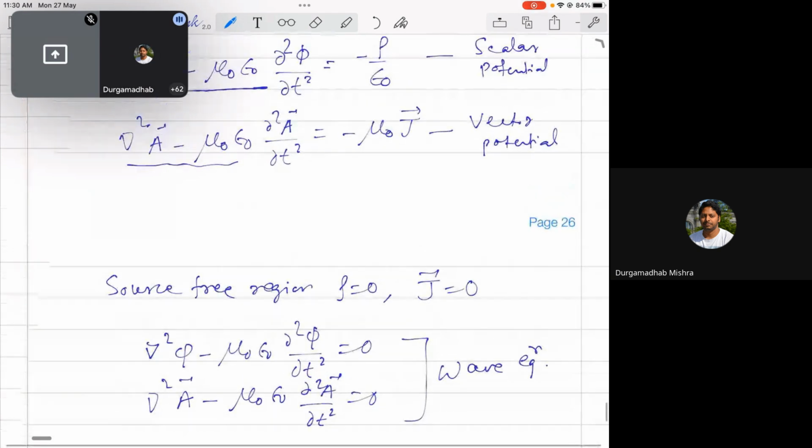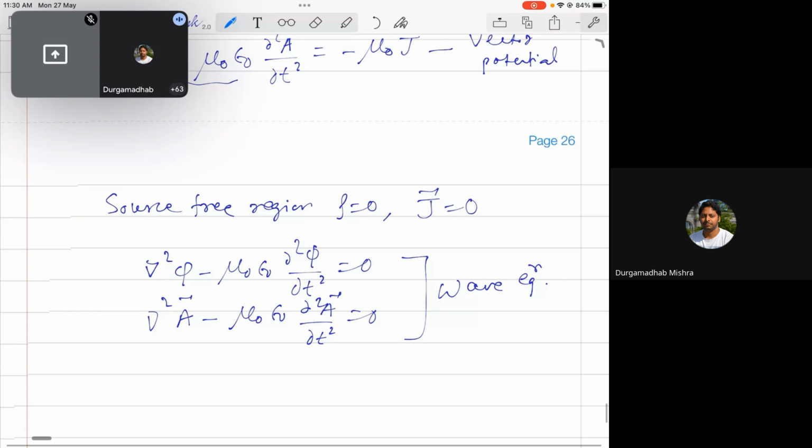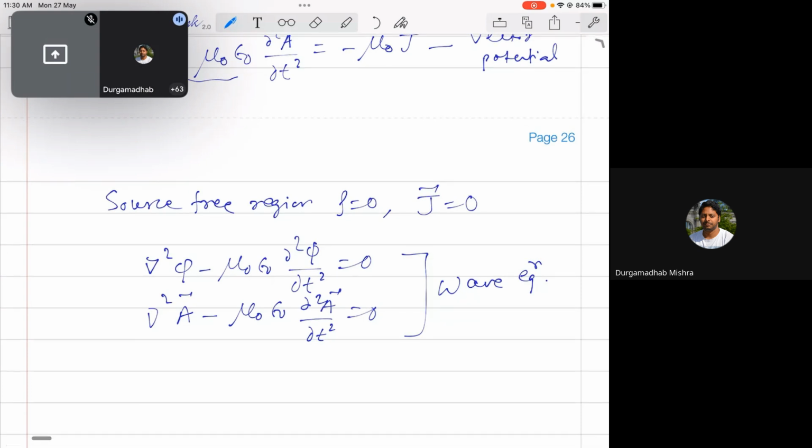What we see from these wave equations is that these electromagnetic waves can just propagate without any help from any source. They can propagate within a vacuum. They can carry energy, they can carry momentum, they can exert pressure. Everything they can do, just like a mechanical wave.